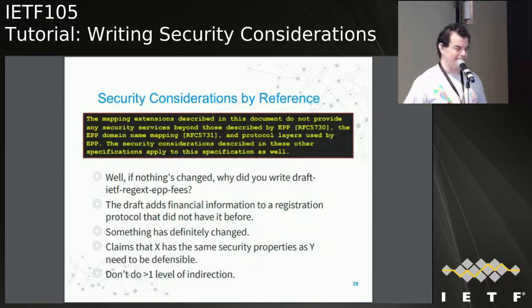And this was not in the base protocol in 5731, and it's in the extension. So something has definitely changed. I mean, the base protocol did not have financial information. The extension does. So you can't just say everything is already covered by the previous specifications.